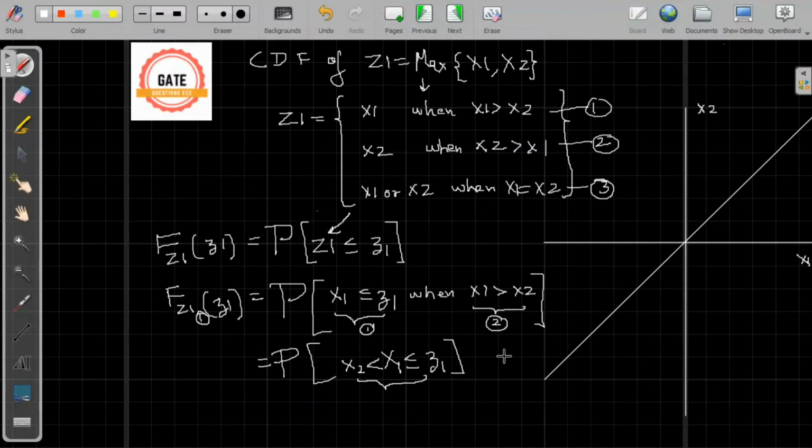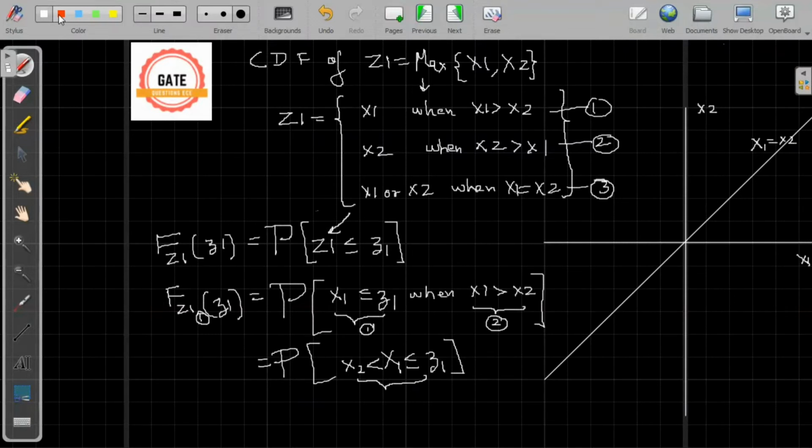So now I will draw this region, x1 greater than x2. This region will lie below this x1 equal to x2 line. This line is the x1 equal to x2 line, and this region is x1 greater than x2. All the region lying below this line is the region covered.